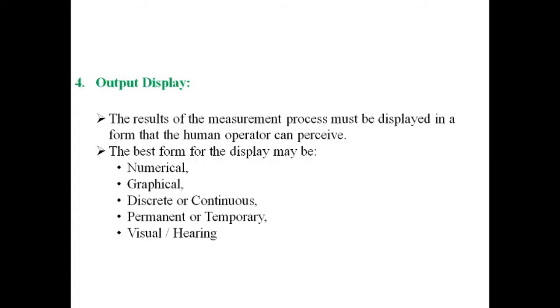The next block is the output display, which serves the purpose of having the instrumentation system. The result of the measurement process must be displayed in a form that the human operator can perceive. The best form for the display includes numerical, graphical, discrete or continuous, both are available, and sometimes it could be a combination of discrete as well as continuous.